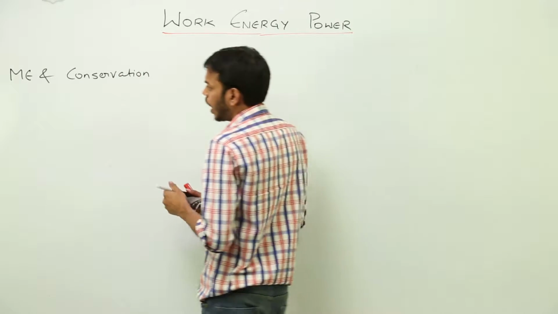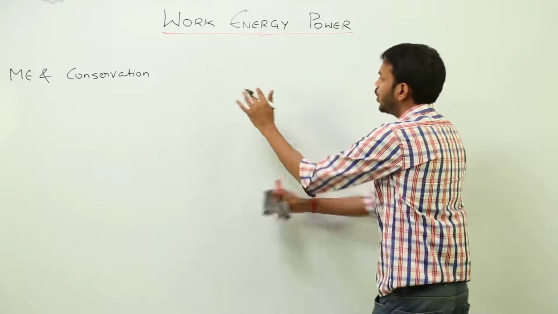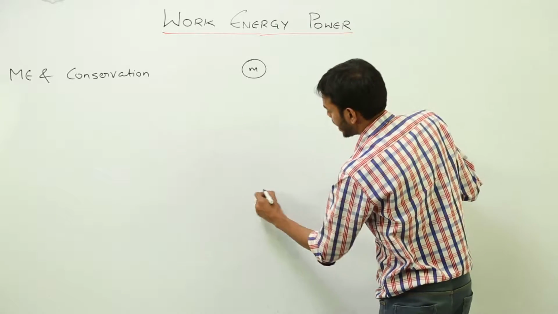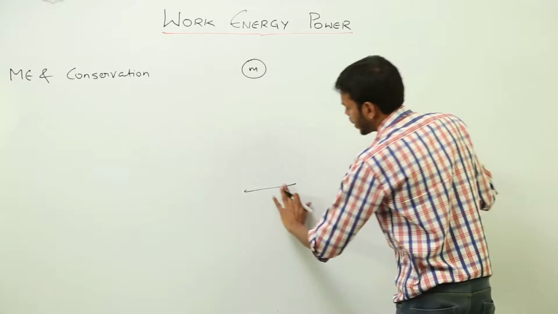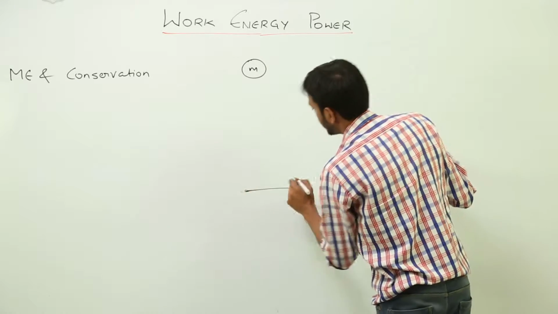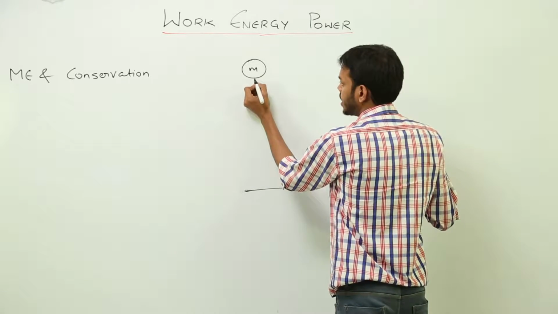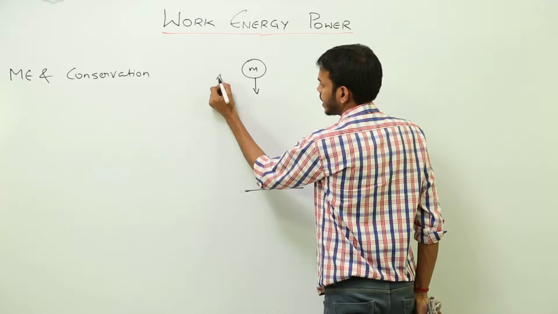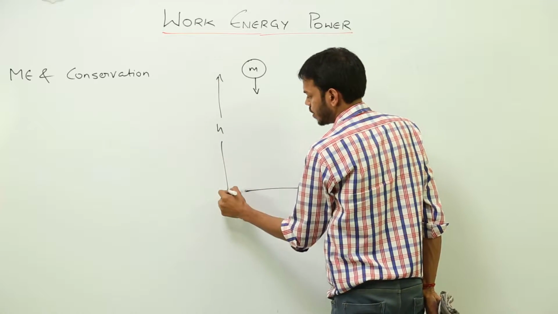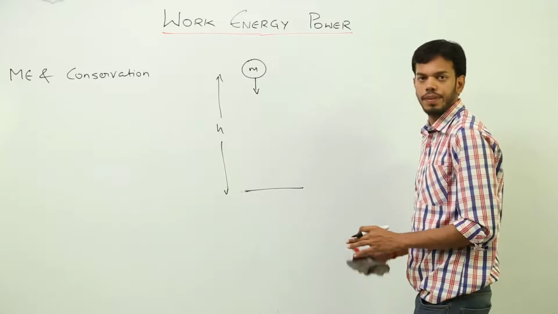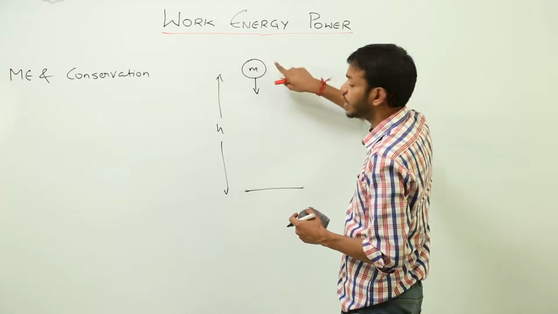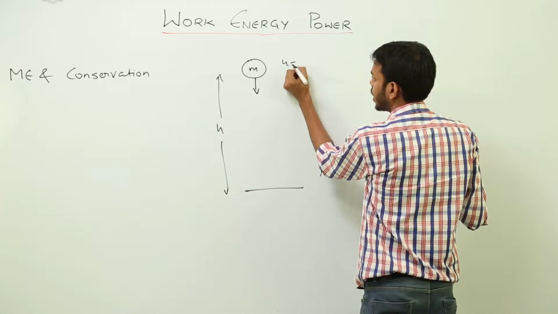So how are we going to do it? We suppose a body of mass m at height h from the ground, and it is free to fall. We have just dropped the body from height h, so the initial velocity is 0.